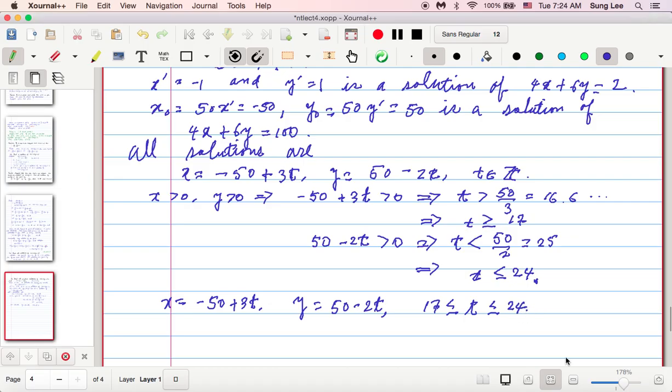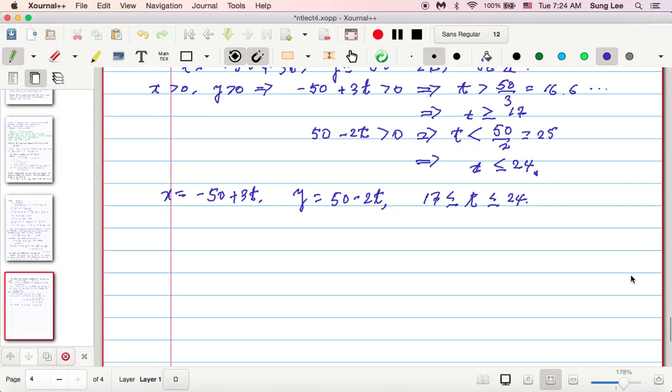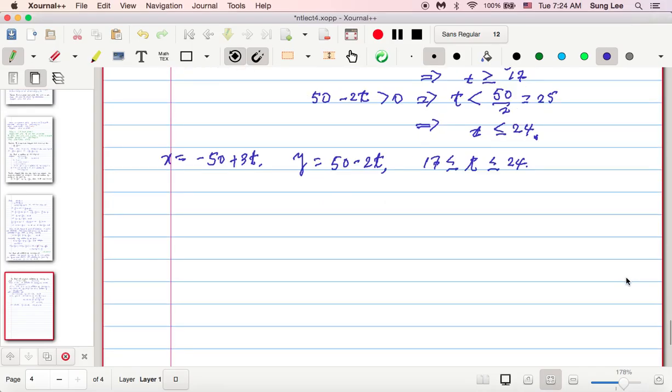Okay, 24. In fact, these are not many, so you can actually write out these solutions.